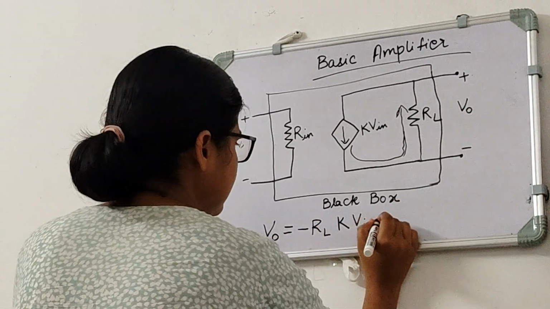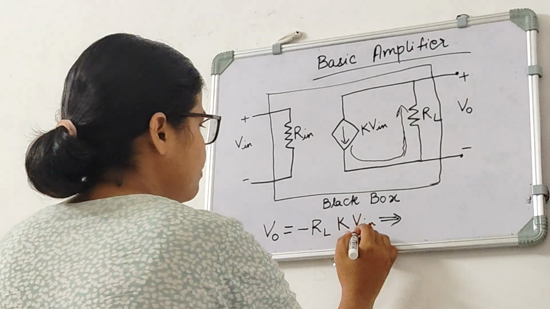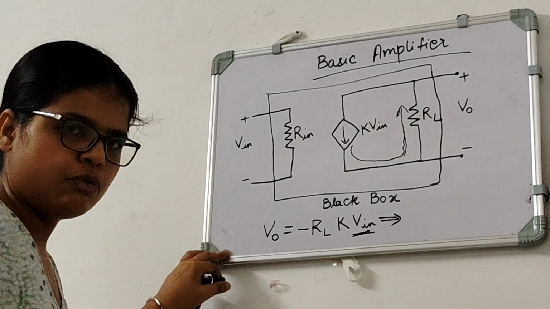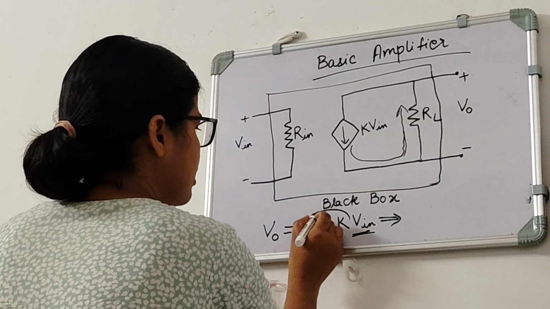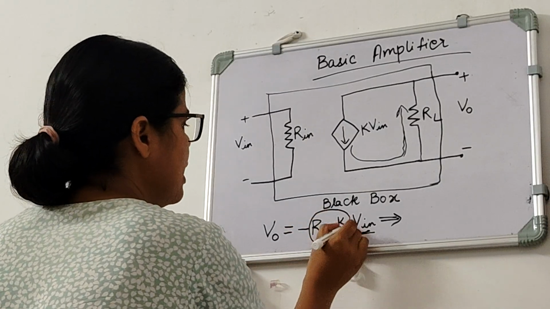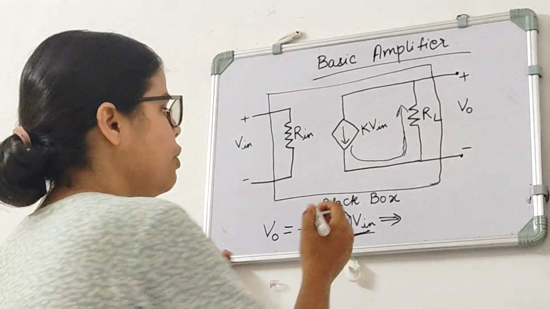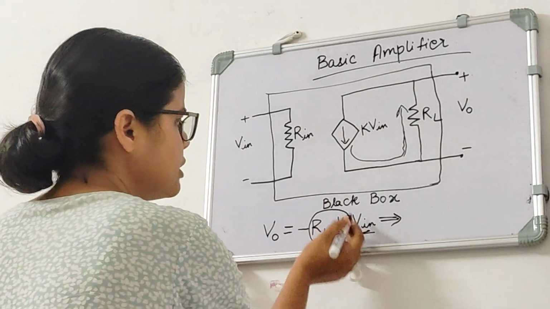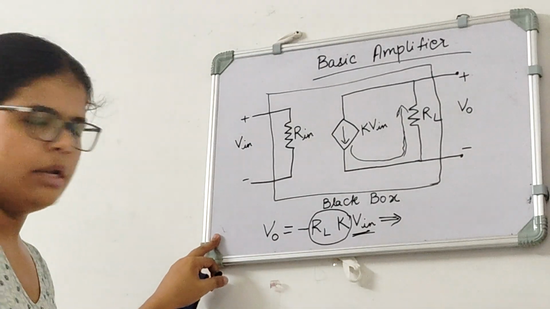So we can clearly see that our output voltage is dependent on V in, that is input voltage. But our output voltage is multiplied. Our output voltage is equal to V in multiplied with some value, and this value will be greater than 1.